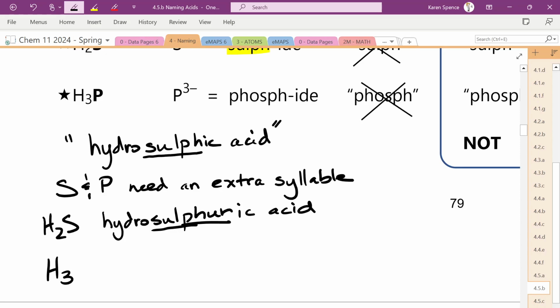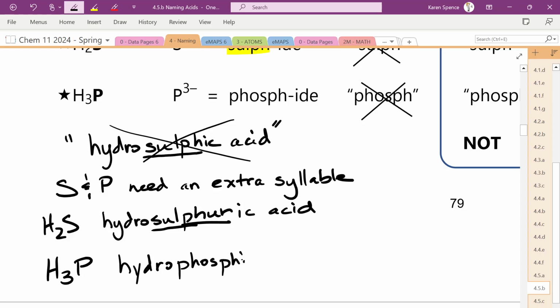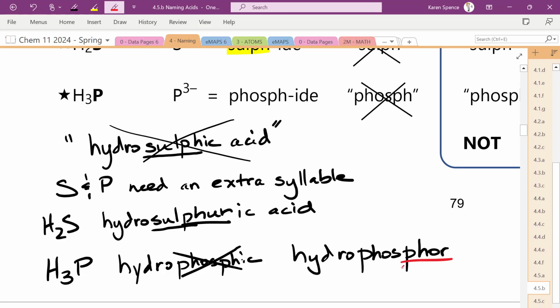If we had H3P, instead of hydrophosphic, it's not going to be just phosphic, it's going to be hydrophosphoric acid.